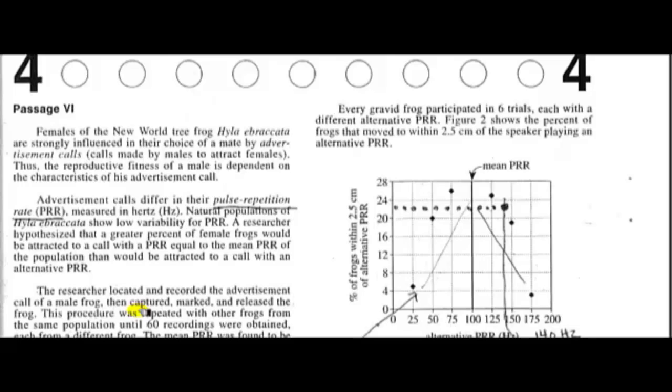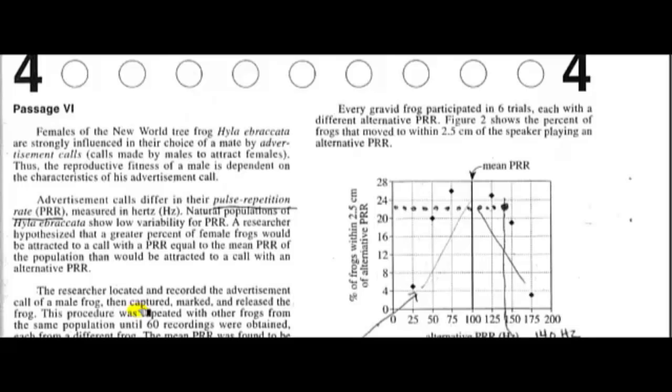We go, oh, we've already recorded that particular frog, so that means we're going to have to record another one. Remember, if you record the same frog over and over and over again, that's not a sample size of 60. So what they're trying to do is avoid repetition of multiple recordings of one particular frog.